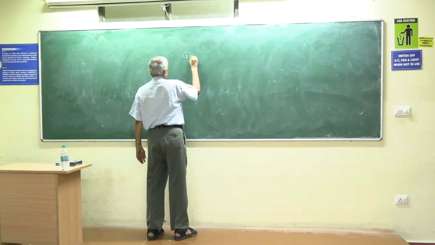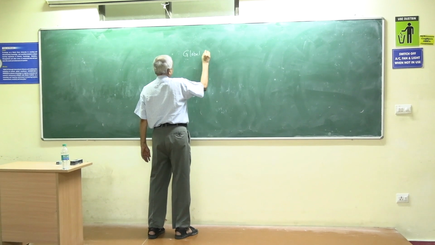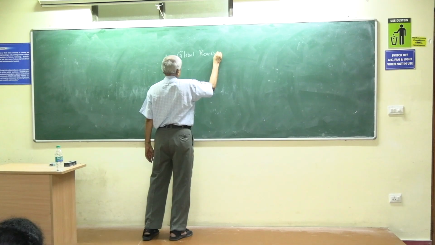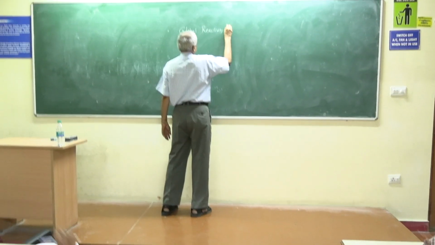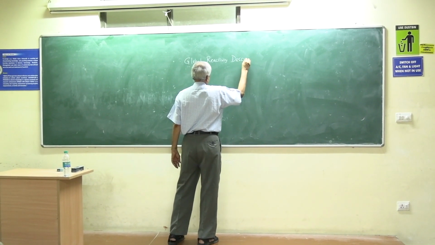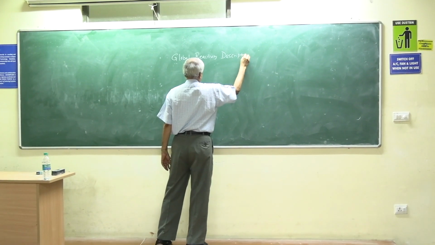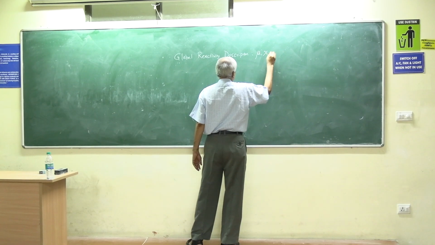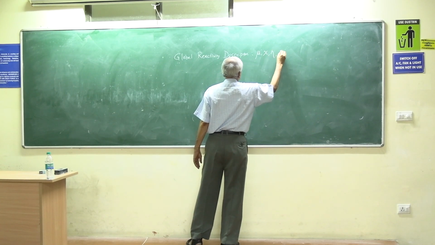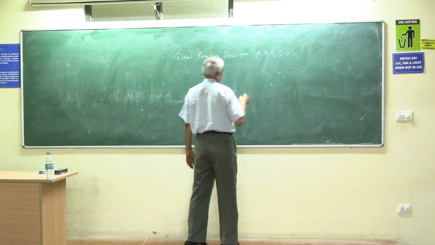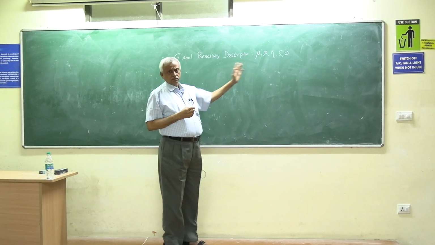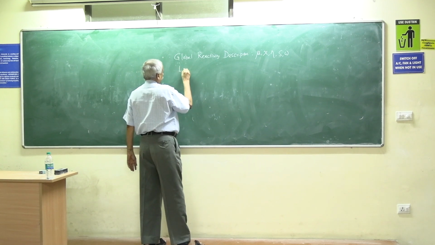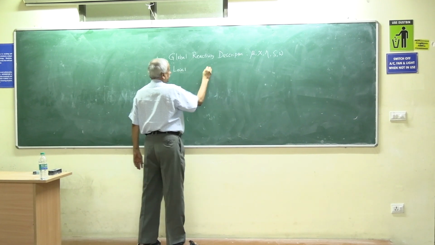Say, global reactivity descriptors: we have shown mu, chi, eta, s, omega. So these are global reactivity descriptors, and local reactivity descriptors.